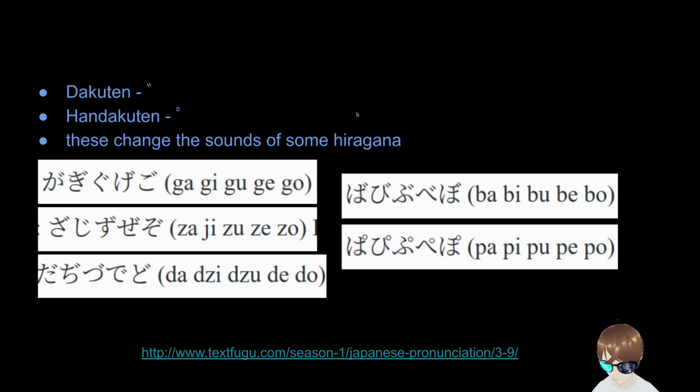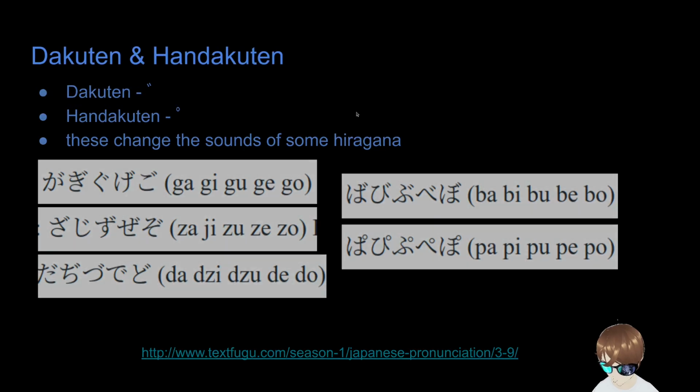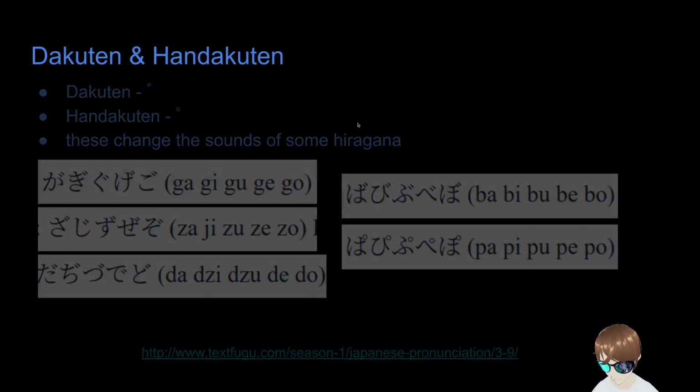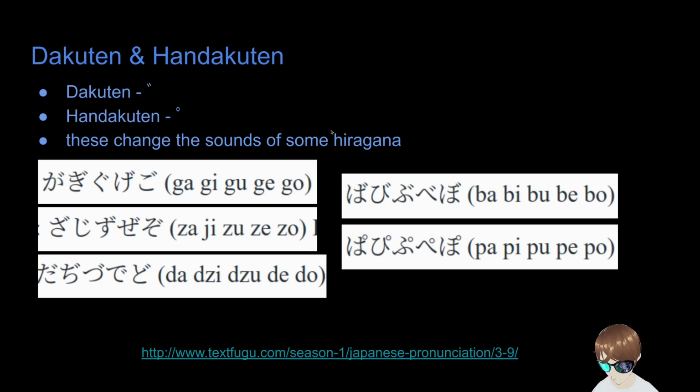Now I will go over dakuten and handakuten. As I said, you can change the letters. This just changes the sound. These little marks and circles, you might have seen them when people make emojis.